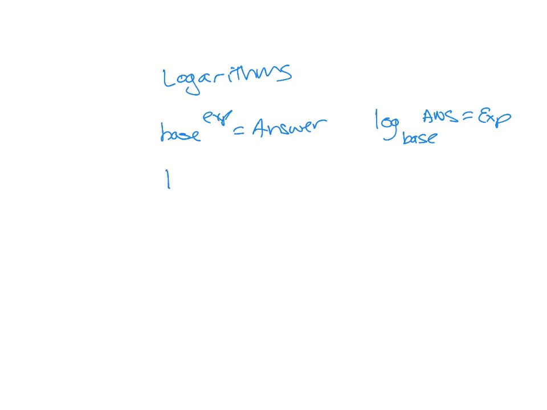For example, log base 2 of 8 equals x just means 2 to the what power gives me 8. Of course, that would be 3. So knowing how to go between the two forms is very important.